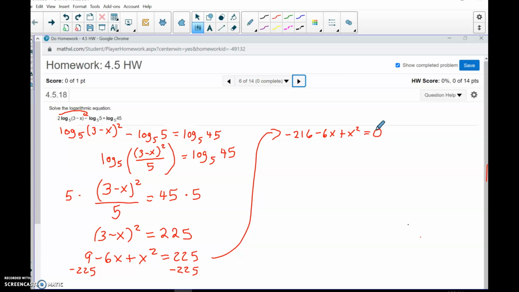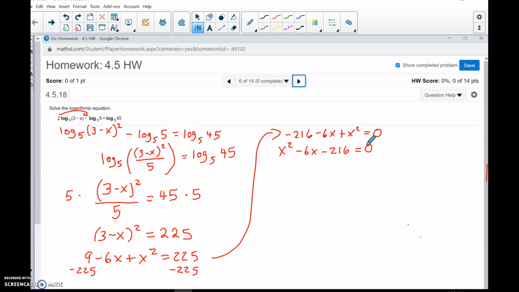We could do quadratic formula. We could do a lot of things. We could have used the square root property back here, but we're trying some things out. So I'm going to rewrite this just to make it in the format I'm used to seeing it.